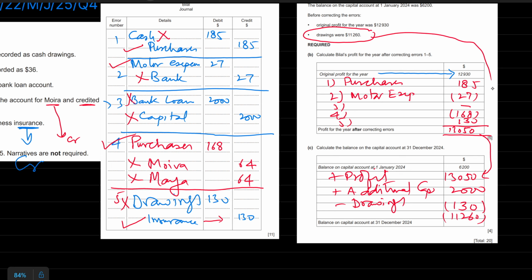These are the cash drawings given here. So what is the updated capital now? That will be 9860.